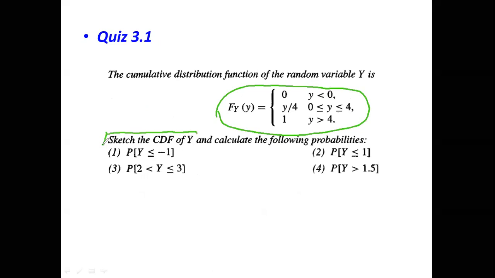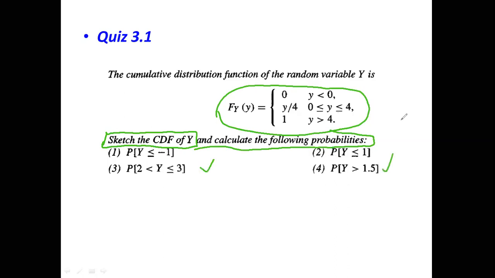Sketch the CDF of y and calculate the following probabilities: probability of y less than or equal to -1, probability of y less than or equal to 1, then this one, then this one.